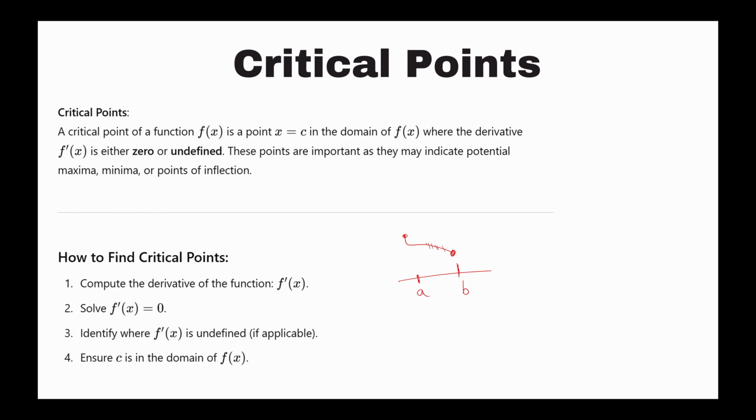I can simply differentiate it, equate it to 0, or if it comes out to be undefined or infinity, that means that is my critical point. Now for endpoints, for a and b, critical points are not defined. So keep this important point in mind: endpoints are never critical.